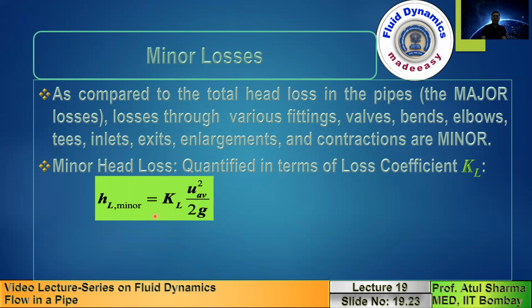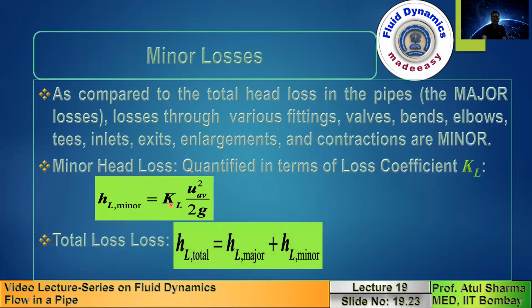So half rho U square, when you divide by rho g, becomes half U square by g. So head loss is K_L times that, and this is the constant of proportionality. This is the loss coefficient which has been obtained experimentally for various types of pipe fittings and valves.